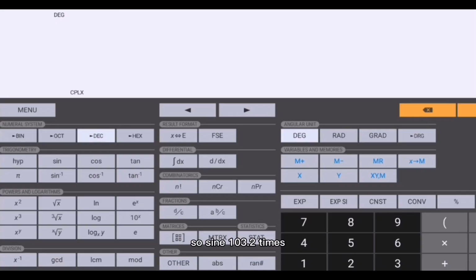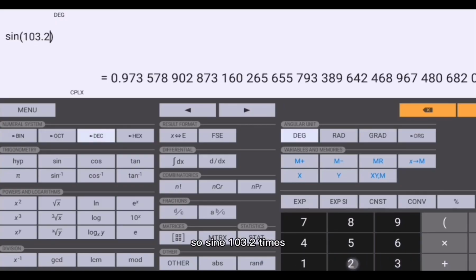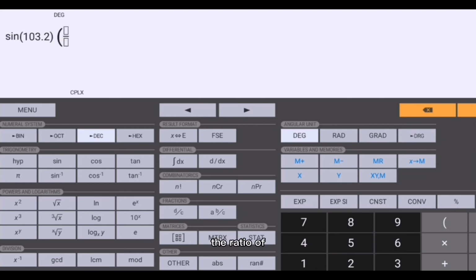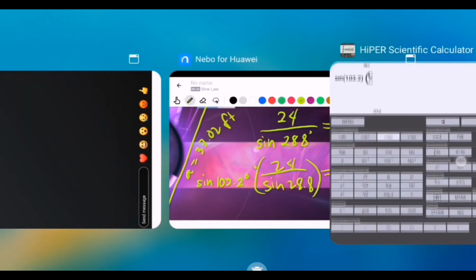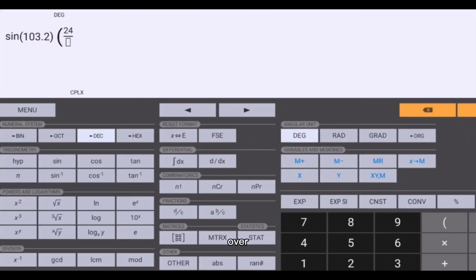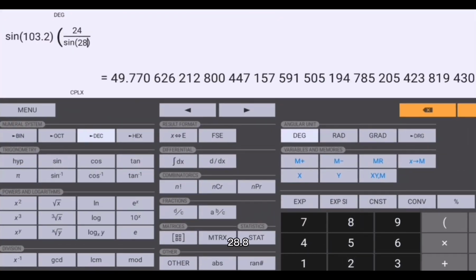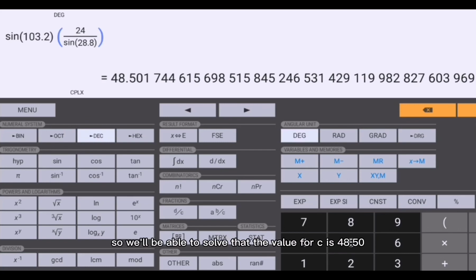So sine 103.2 times the ratio of 24 over sine 28.8, and we solve that the value of c is 48.50.